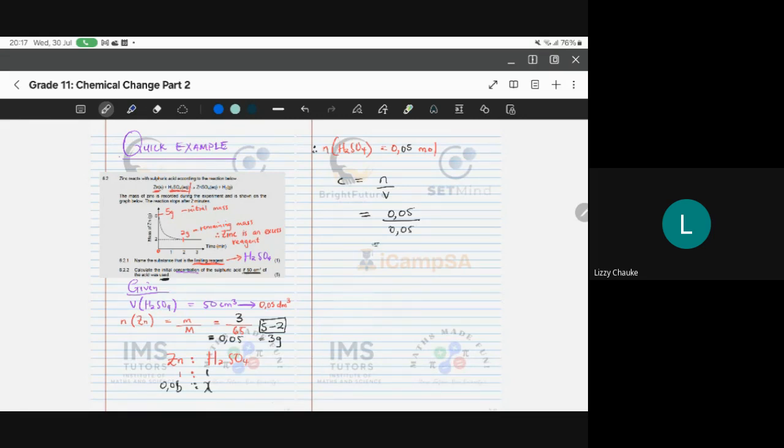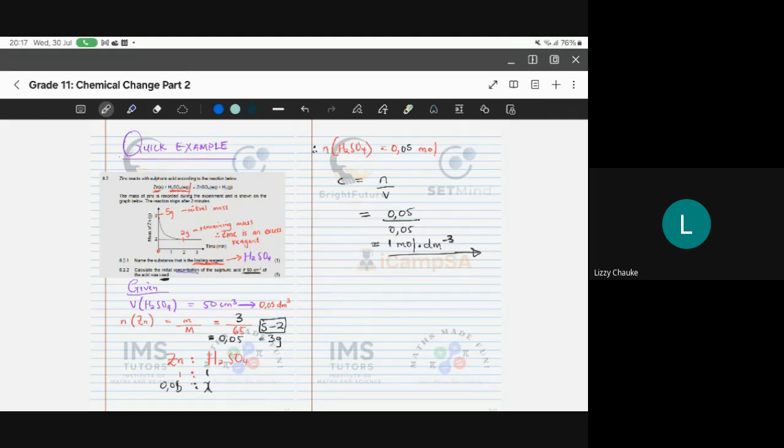This is actually 1 mole per cubic decimeter. Luckily for us, it's just 1 mole. Could have been any number. Now, this is the concentration of the sulfuric acid, the initial concentration of the sulfuric acid.